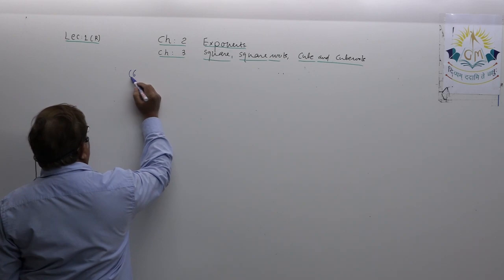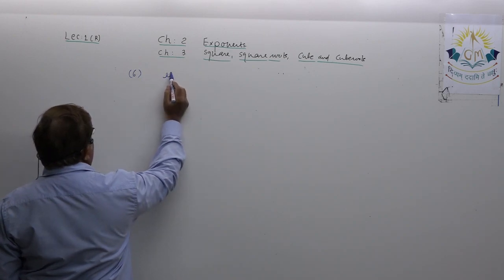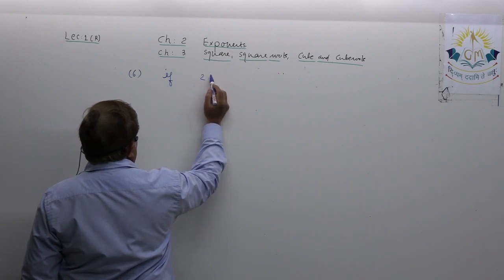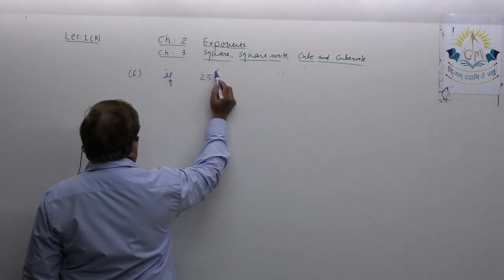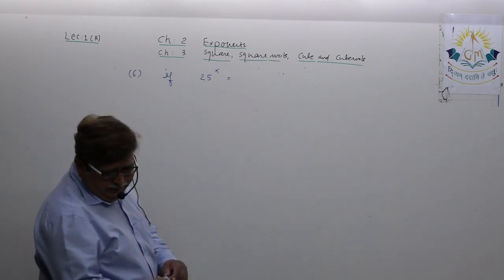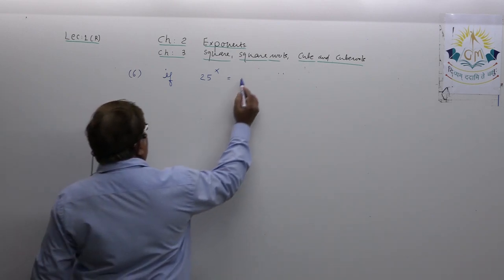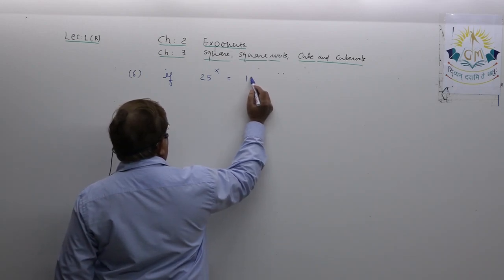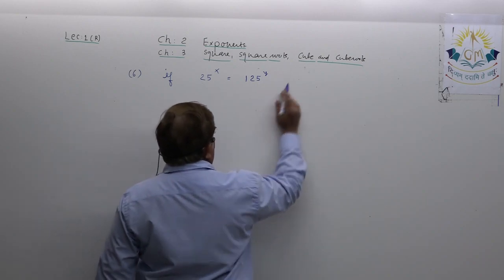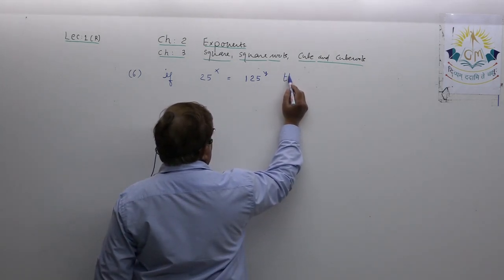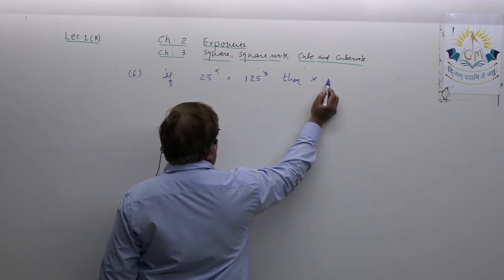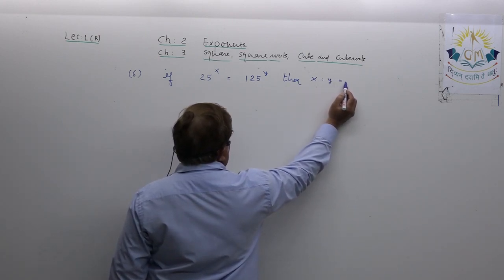This was the question: if 25 raised to x equal to, I think the question is this: 125 raised to y, then x is to y equal to dash.